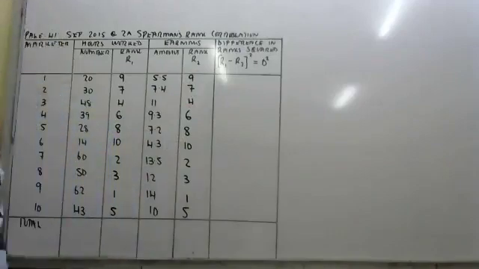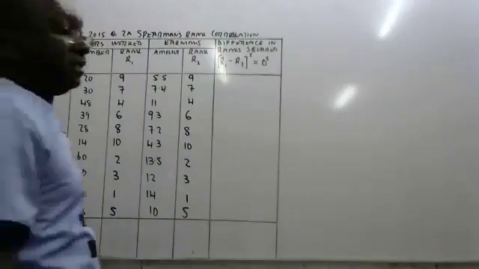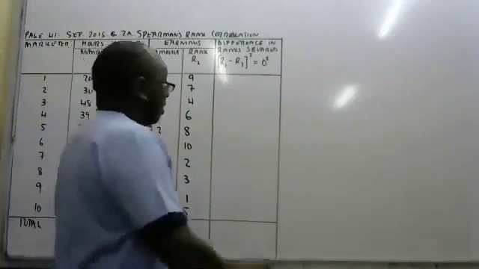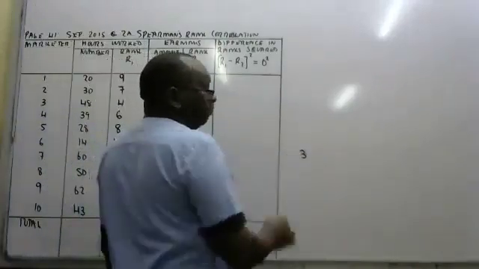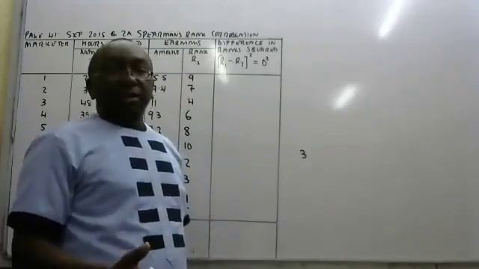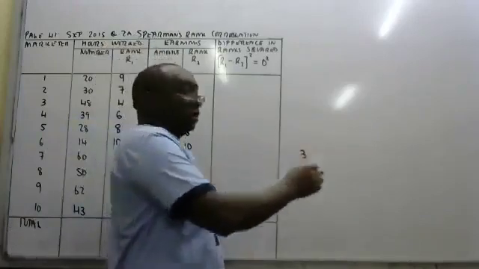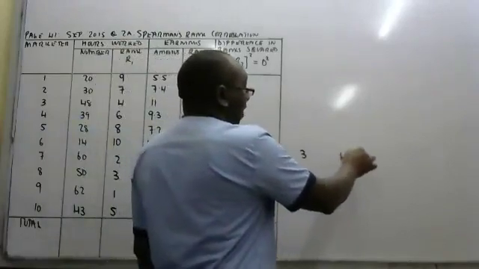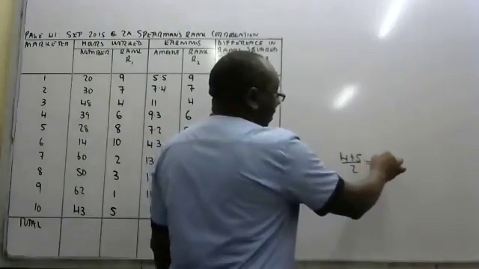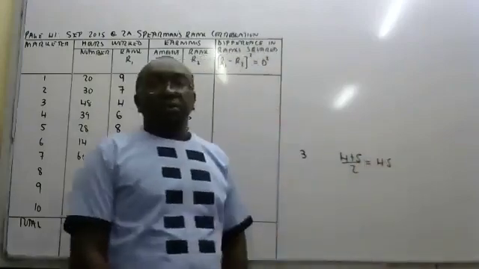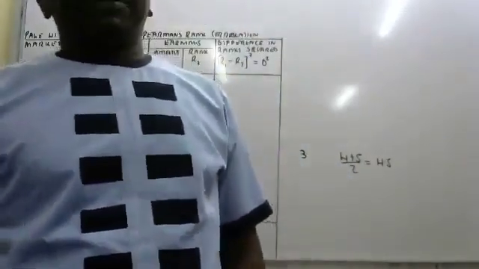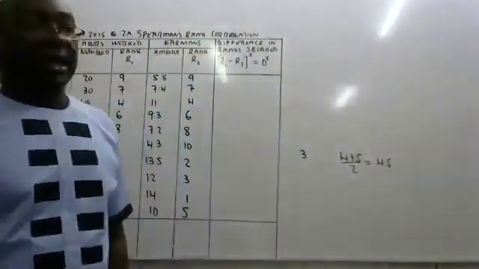Now, in case you find two values that are of the same size, for example, you have reached number 3, and the other two values happen to be equal. You take their two positions, that is position 4 and 5, you add them and divide by 2, so that each one you allocate position 4.5. Hope you are getting that.